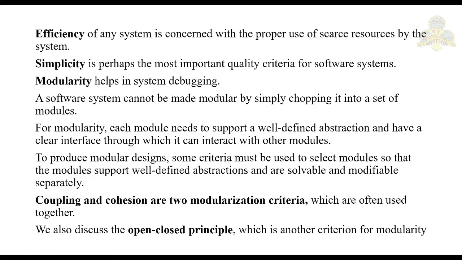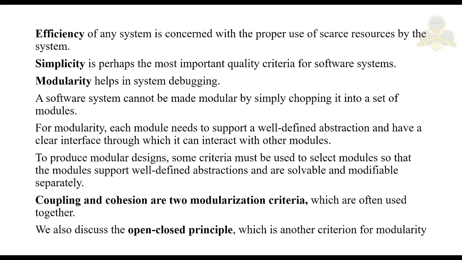The efficiency of the system is concerned with the proper use of scarce resources by the system. That means you have a resource crunch or limited resources, and by using those limited resources, how efficiently you are building your system. That is nothing but efficiency. Next is simplicity.